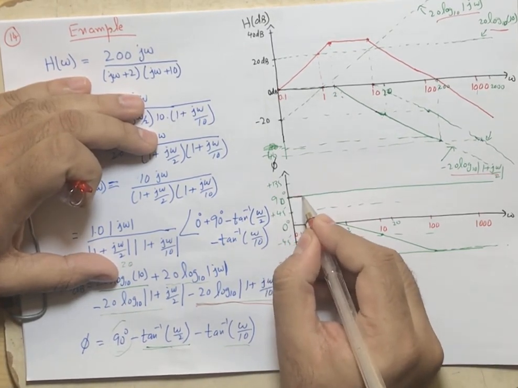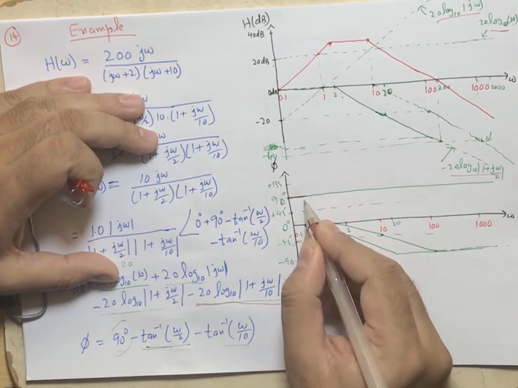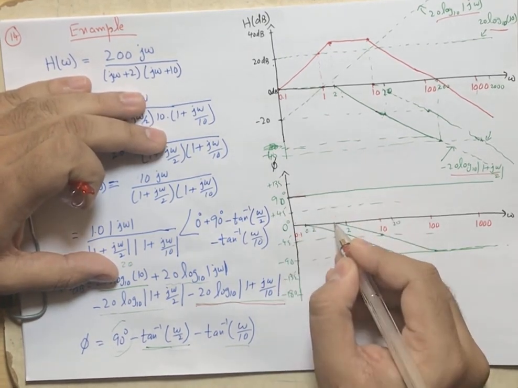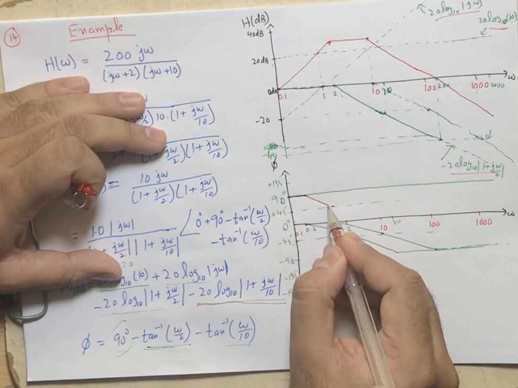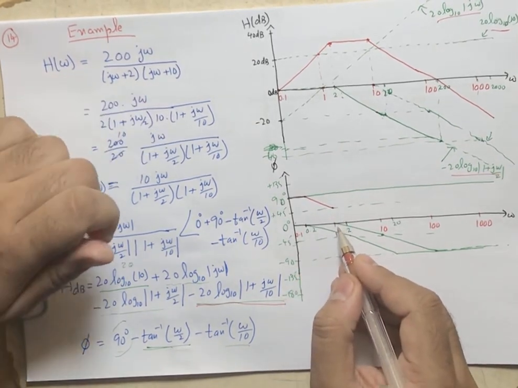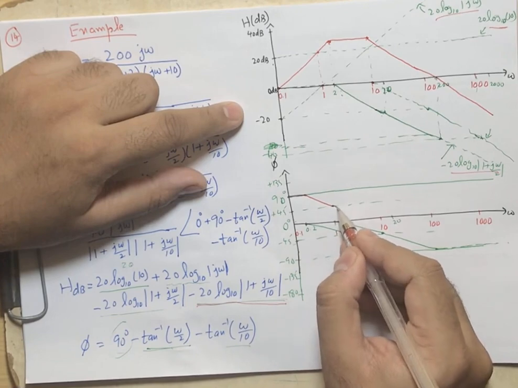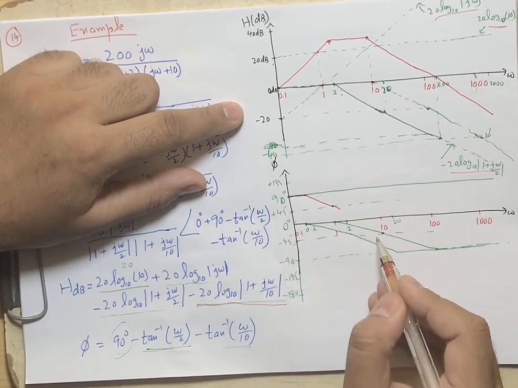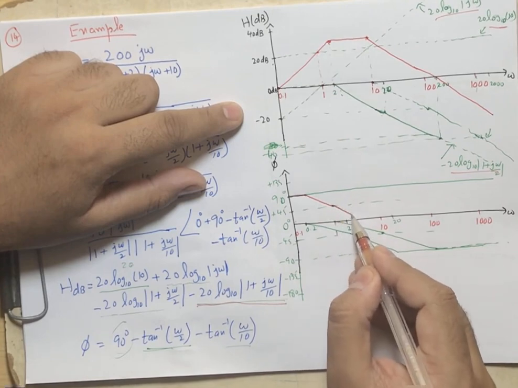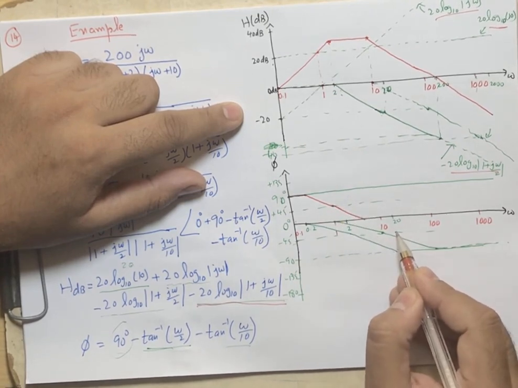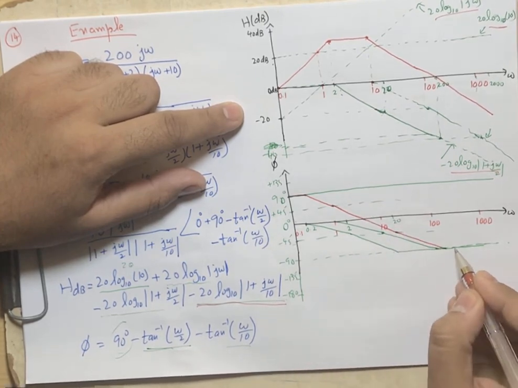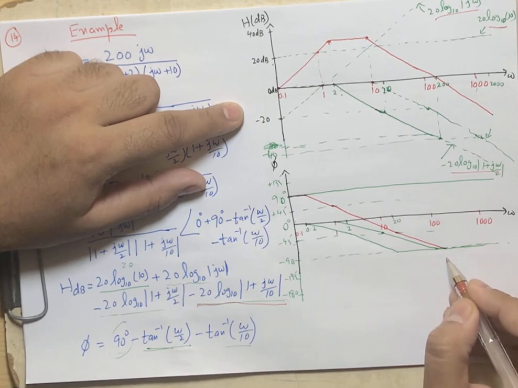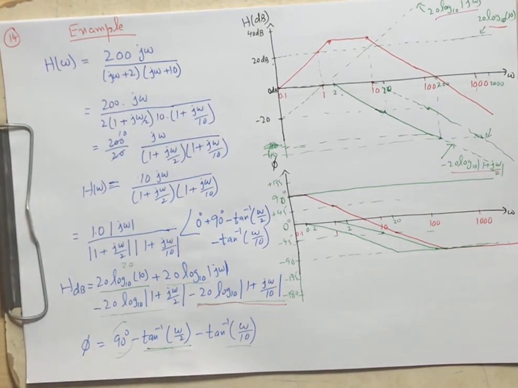So the answer will be positive 90 until 0.1, and then it will keep on decreasing until 1 to 45 degree, and from 1 to 2 it will keep on decreasing, and it will pass through this line, and it will reach minus 45 at 20, and after that it will reach minus 90 as well.